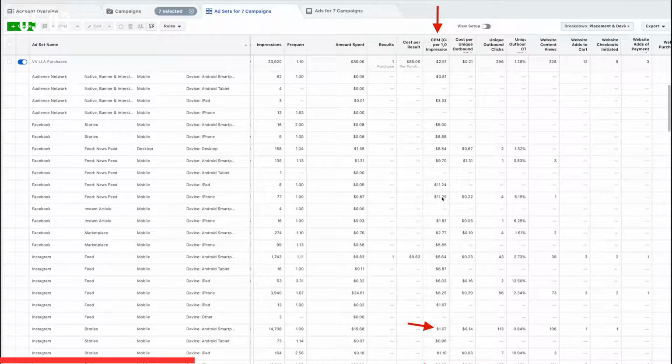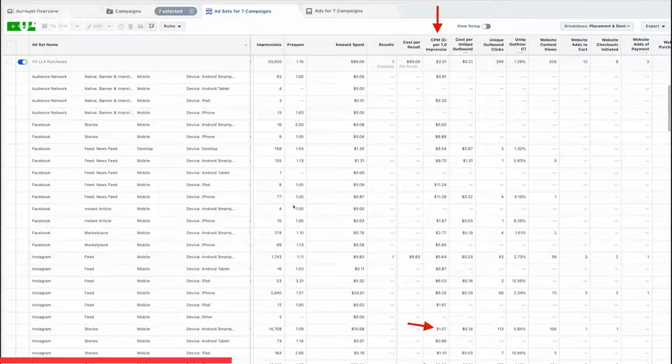I mean, look at that, $11.29 to deliver your ad to 1,000 people on an iPhone on Facebook newsfeed versus paying $2.35 to deliver your ad to that same audience on an iPhone on Instagram stories.